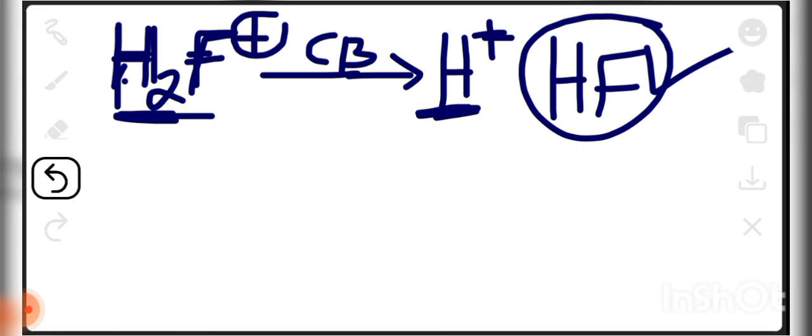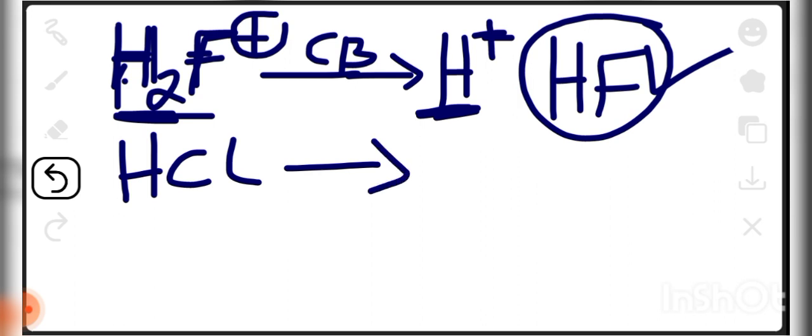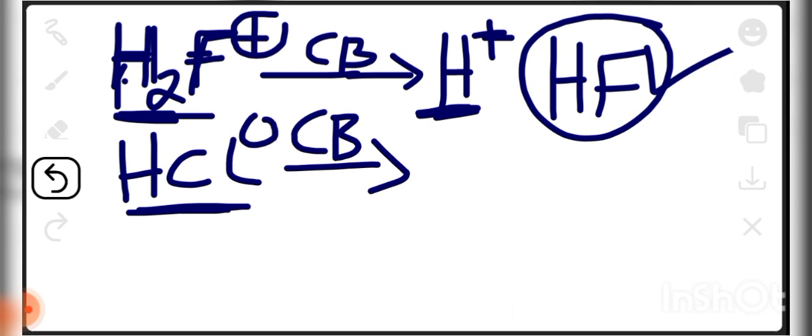Now let's look at another one. Let's say we have HCl. If you check, what will be the conjugate base? If you check very well, there is no sign here. It means it's neutral, it's zero. It's not either plus or minus, it's just neutral, zero.